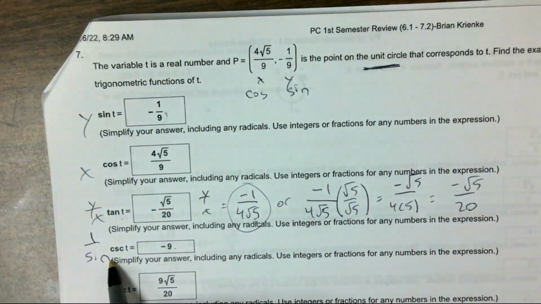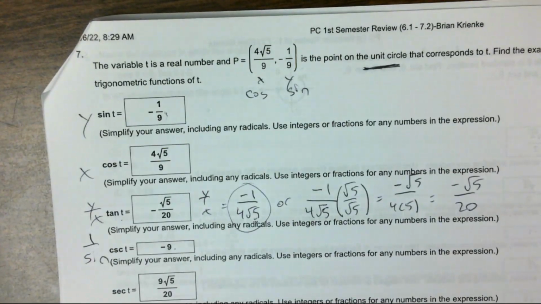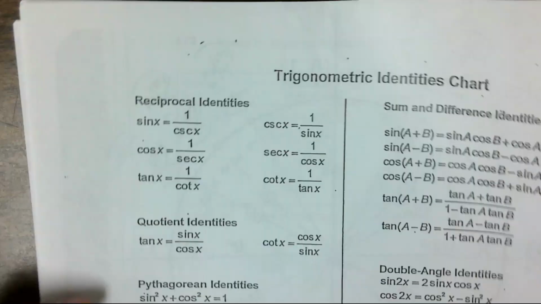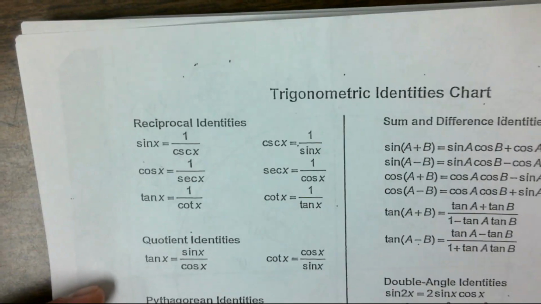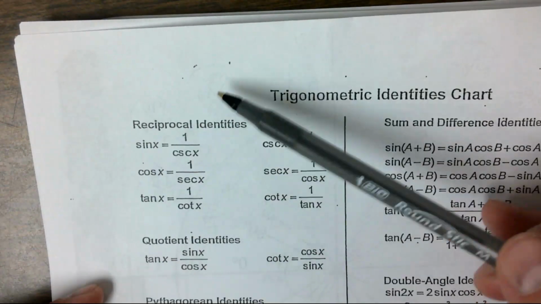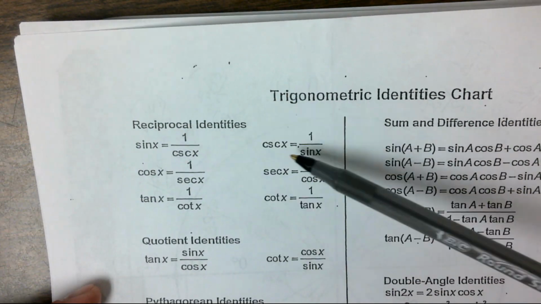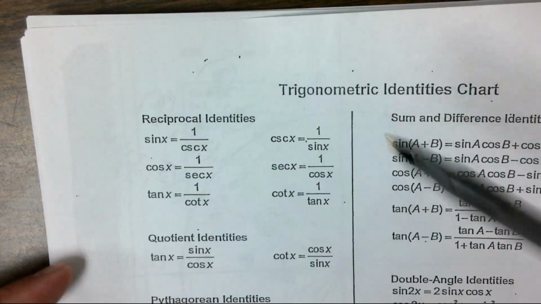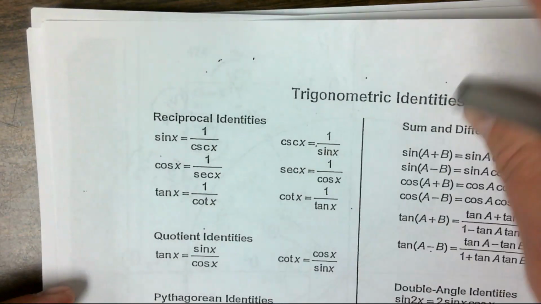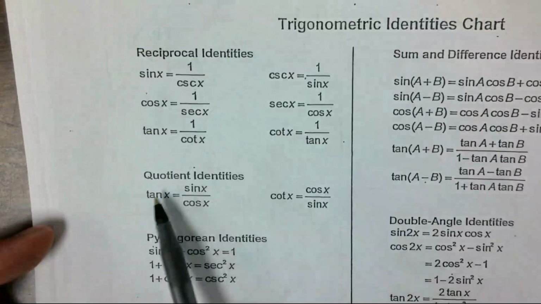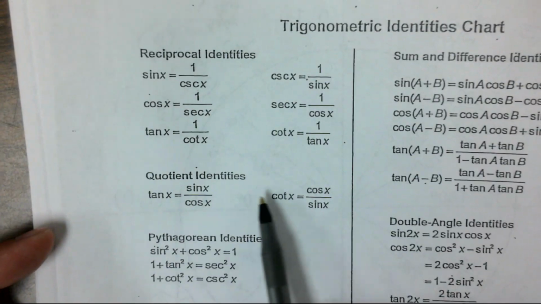Now, if you don't remember these as well, look at your unit circle paper, and on the back it says sine is 1 over cosecant, and cosecant's 1 over sine, and so forth. And also there's tan is sine over cosine, and cotan is cosine over sine.